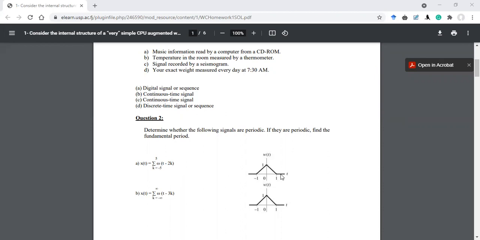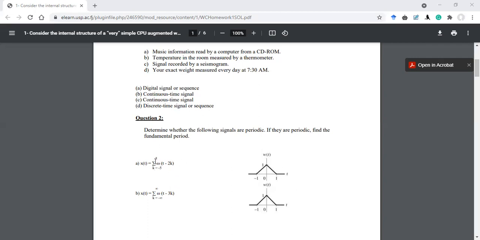If you substitute values after 5 or -5, any value of k equal to 6, 7, 8, or the negative values k equal to -6, -7, -8, and so forth, it has a zero value, okay? So it is limited, so it is not continuous.